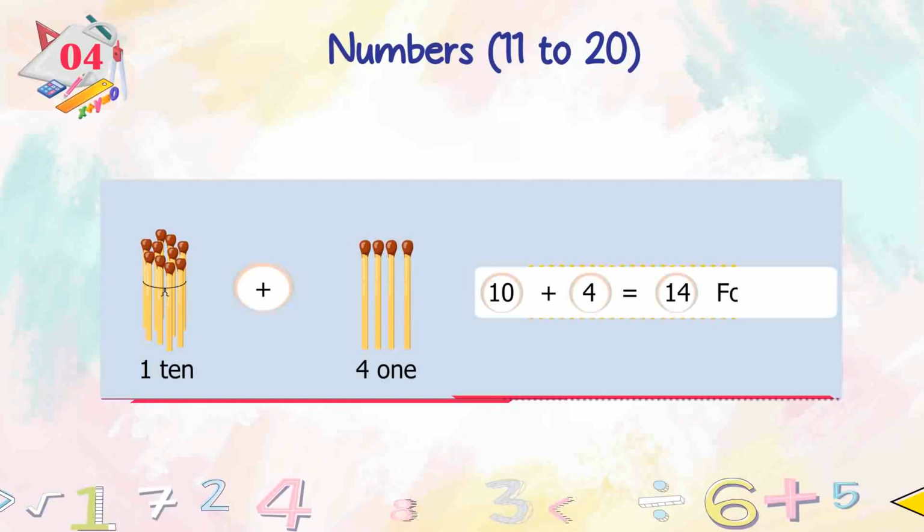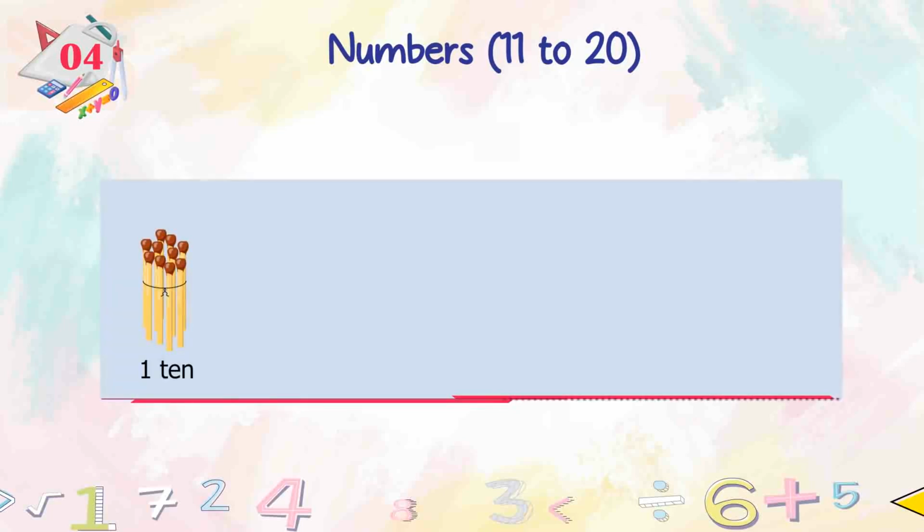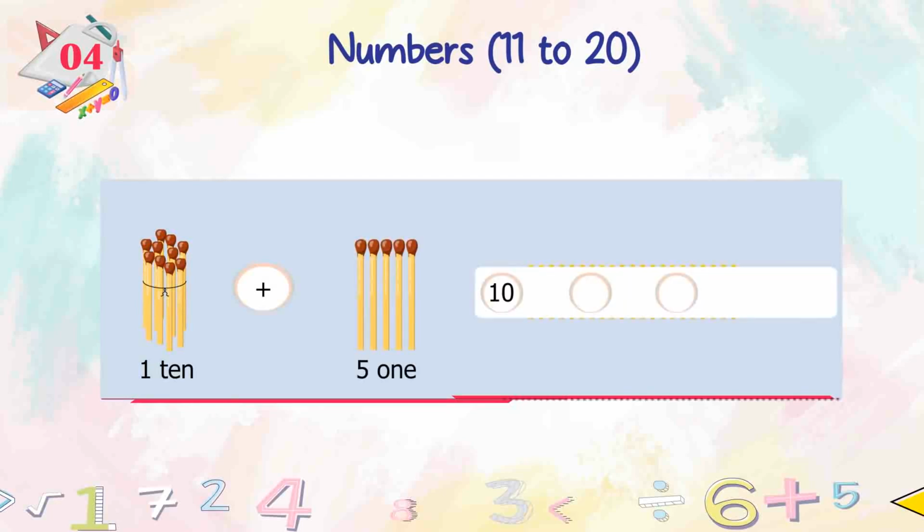F O U R T E E N. 1 ten plus 5 ones, 10 plus 5 is equal to 15. F I F T E E N.